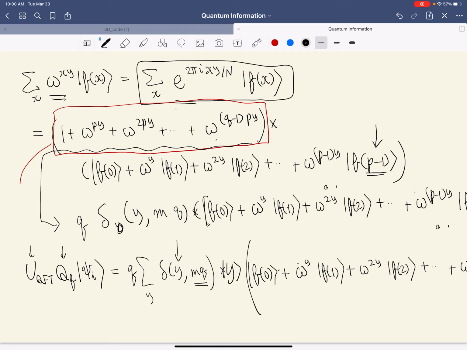But anyway, the point is that after doing this, this y state, which is a state of the input register, is not any state, but it has to be a state which is a multiple of q, etc.